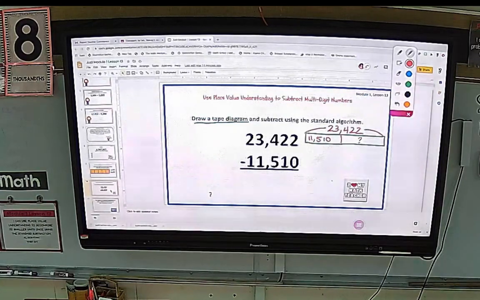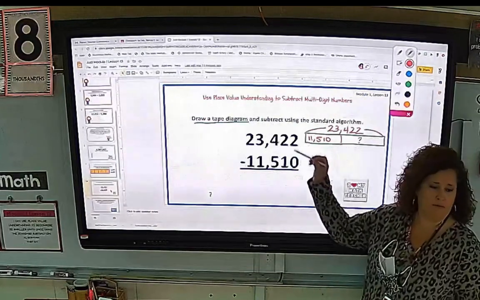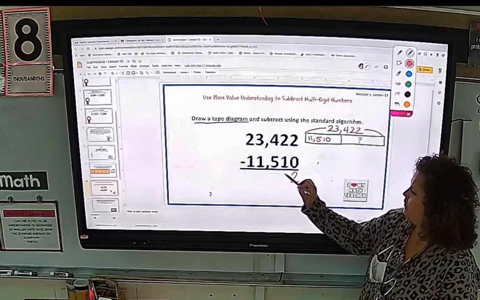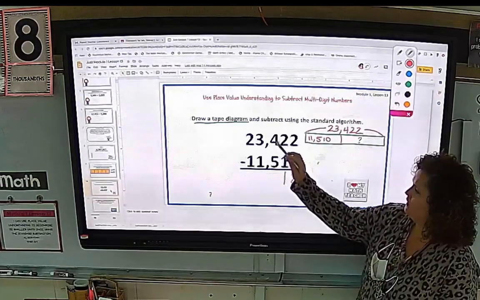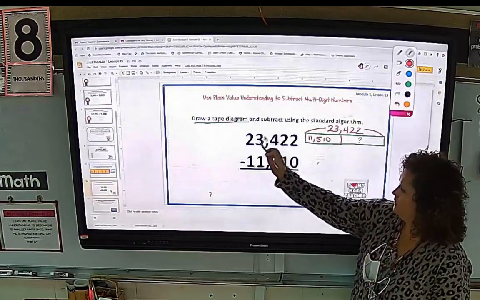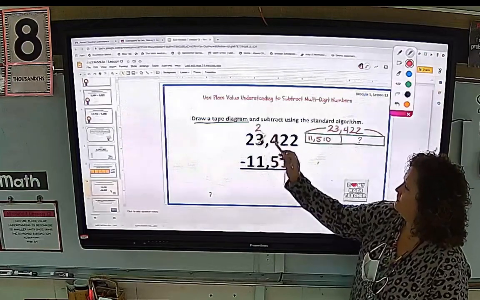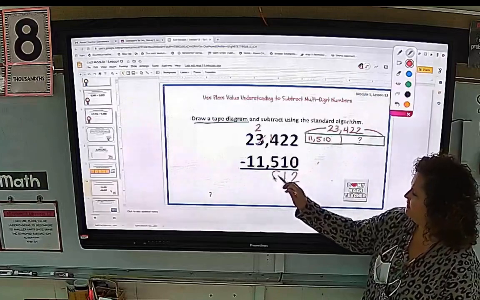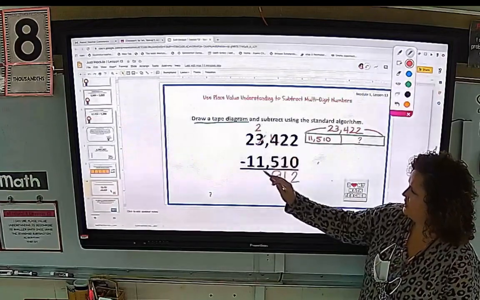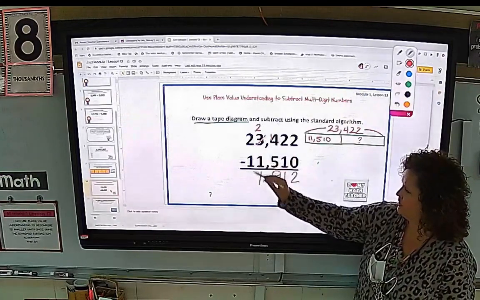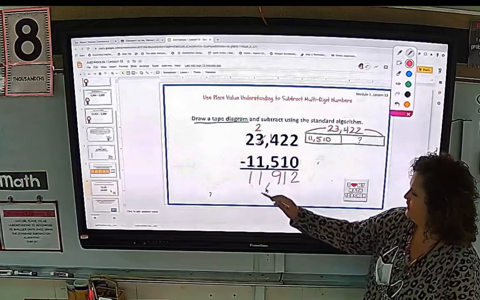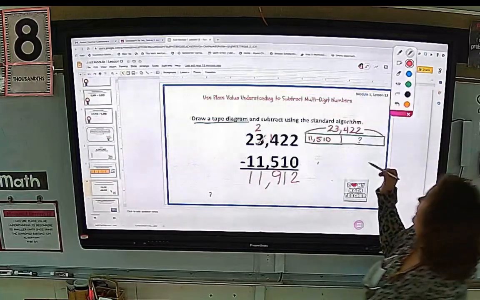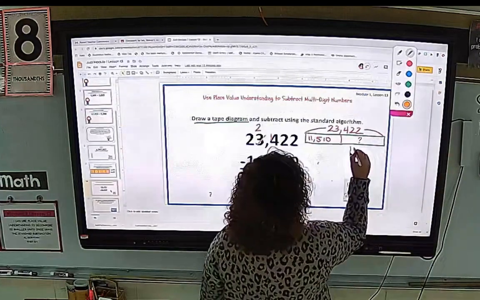Miranda, what'd you get? Or just walk me through here, okay? 2, 1, 1. I took 1 from 3 and put it over to the phone. Okay. So that becomes a 14. 9. That's a 9. 1. 2 take away 1 is 1, and 2 take away 1 is 1. So 11,912, and that would be what goes right here.